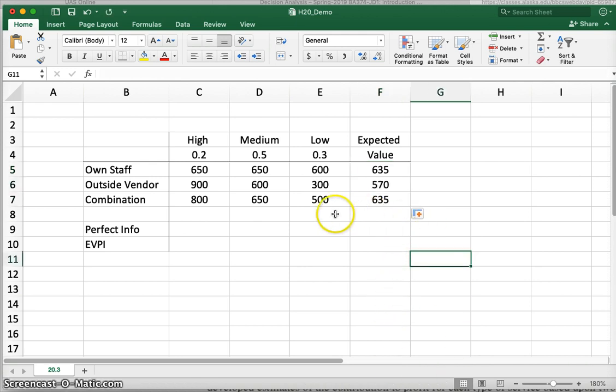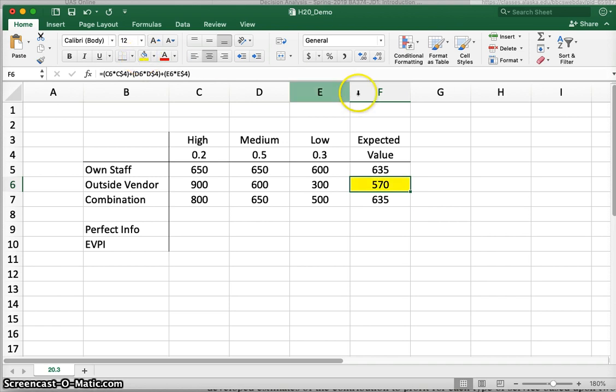You can see that the expected value of having our own staff would be $635,000. The expected value of some combination would also be $635,000. So in this case, I would choose to outsource it because my expected value would be the best.